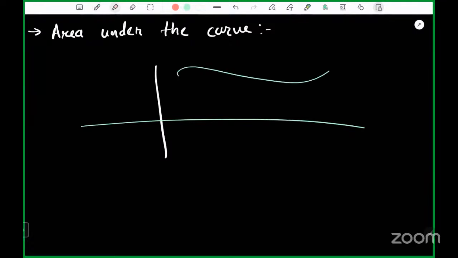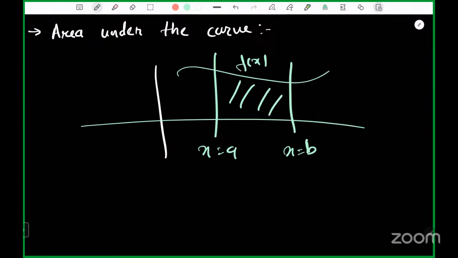And suppose you want to find the area under the curve with the boundaries x equals a, x equals b, and here this is our function f of x, and this area we need to find. So we know that by integration, area is nothing but the integration from a to b of f of x dx. It's a simple result that the area under the curve f of x is nothing but the integration from a to b of f of x dx. Now it's a simple case.